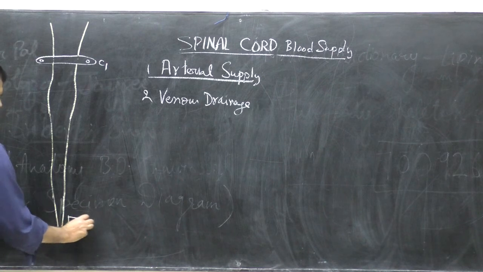And the spinal cord ends at the lower border of L1 vertebra.